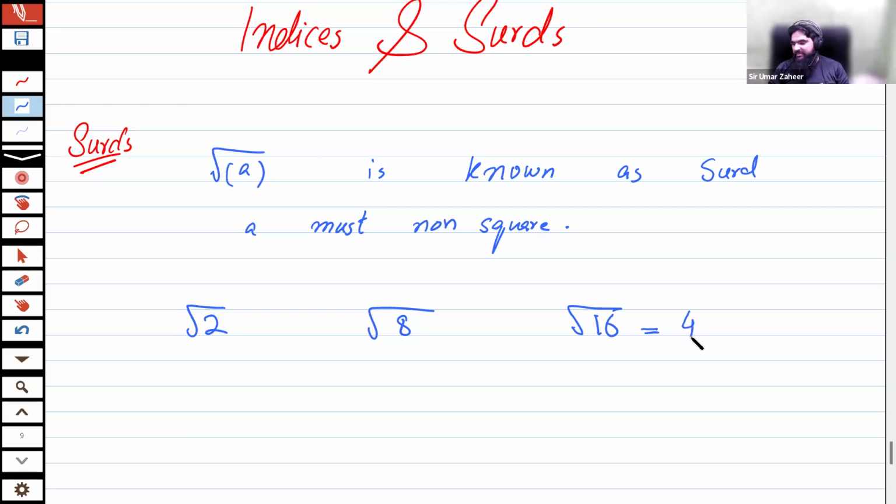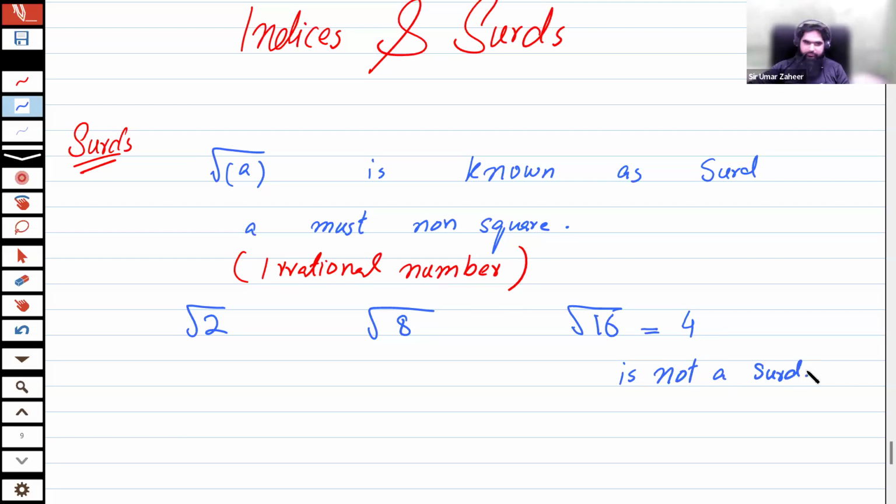This means the answer is a rational number, not an irrational number. So square root 16 is not a surd.